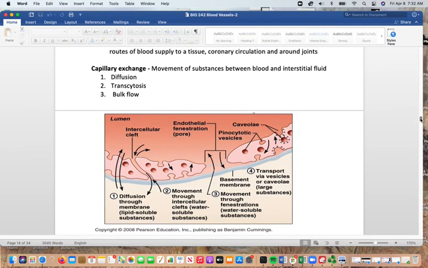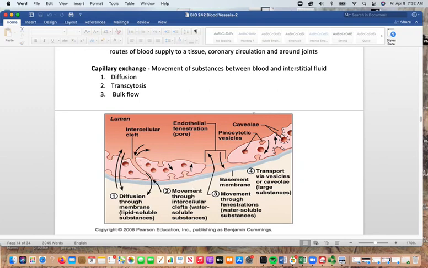So there's some different ways that we have capillary exchange occur. This is the movement between substances in the blood and the interstitial fluid. So one is diffusion. So you can have things go through the membrane. So this would be lipid-soluble substances that are able to just go through the membrane. We can have transcytosis as well as bulk flow.